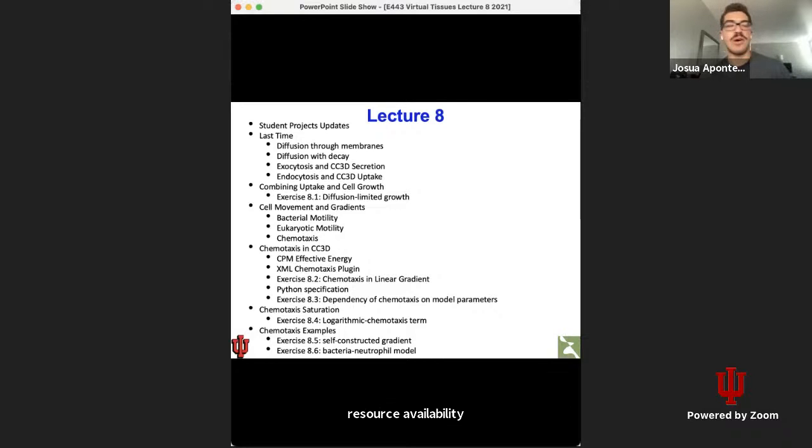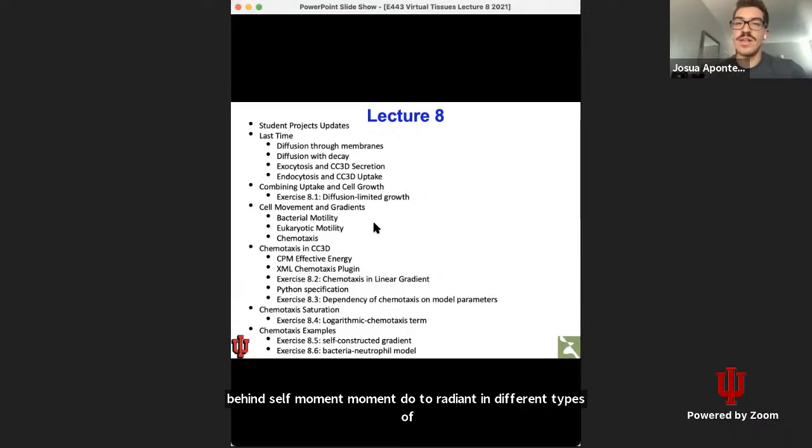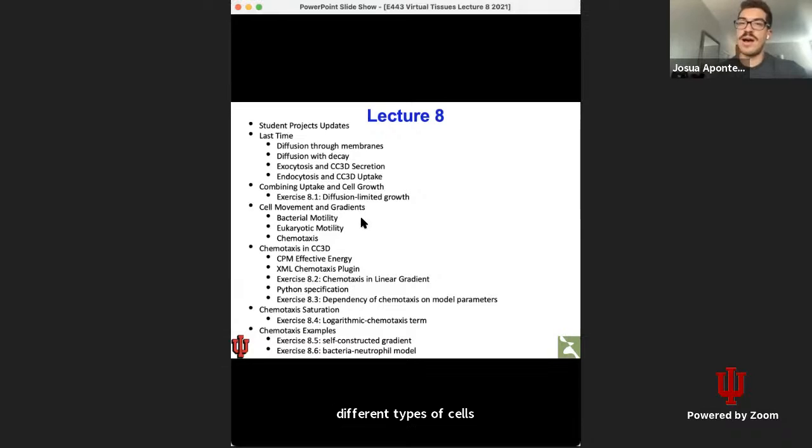We will talk later about a little bit of the biology behind cell movement due to gradients in different types of cells, and how this can all be represented and thought of as chemotactic movement.